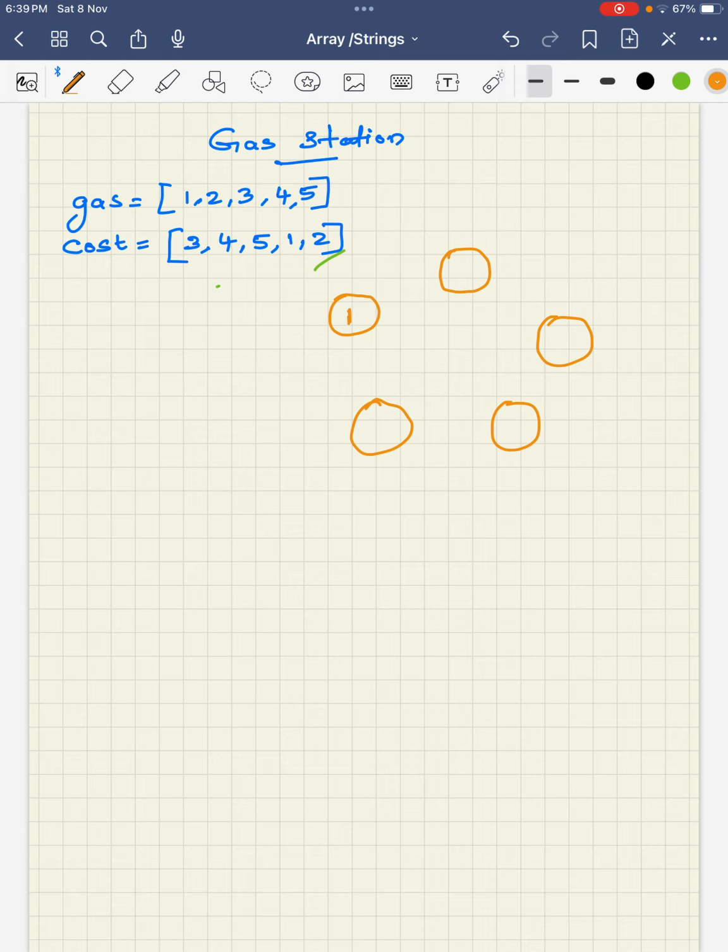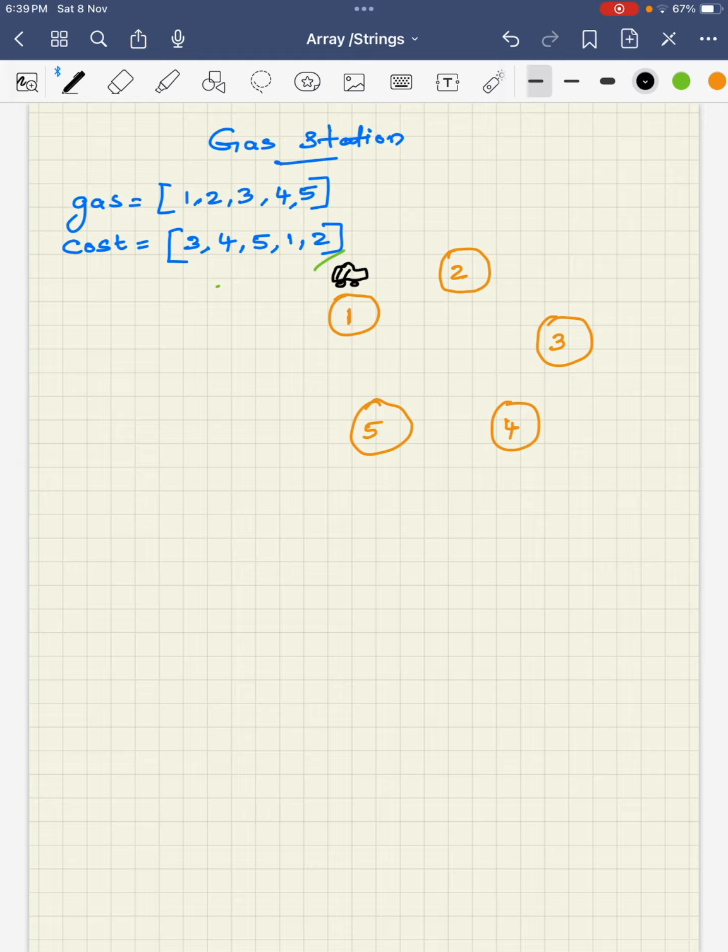For example, if it's 1, that means this gas station can provide 1 unit of gas if a vehicle approaches it. Similarly, 2 for the next gas station, 3 for the next, 4 for the next, 5 for the other gas station.